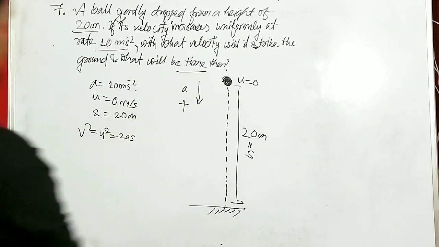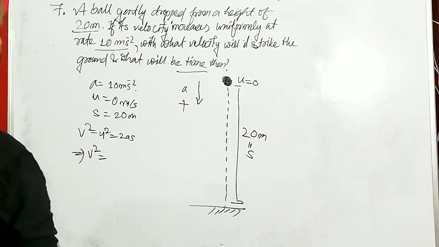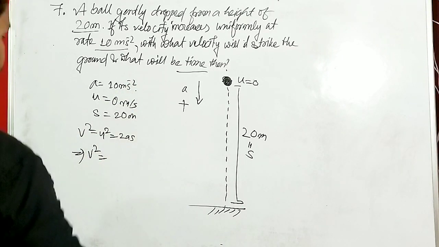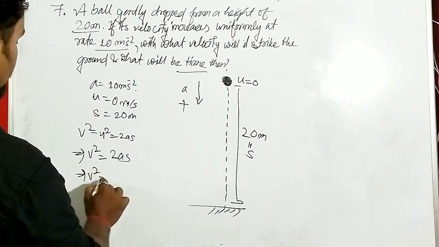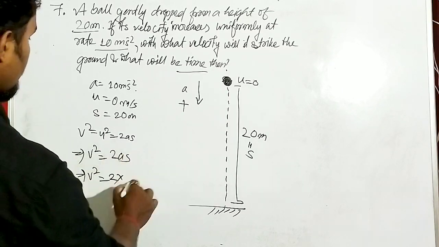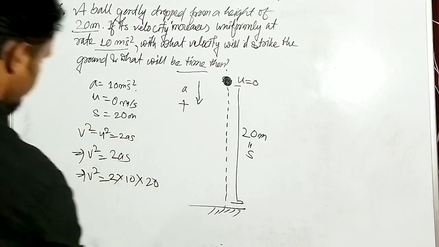So we will use the third equation of motion. Here u square is 0, so you will use only twice a s. Now put the values: 2 into a, which is given as 10, and s is 20.